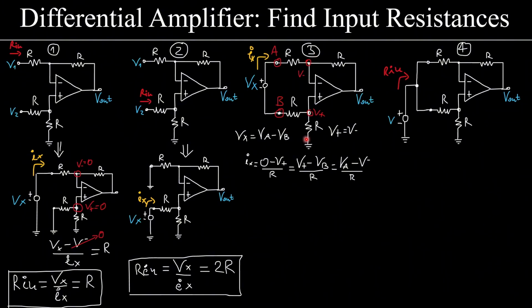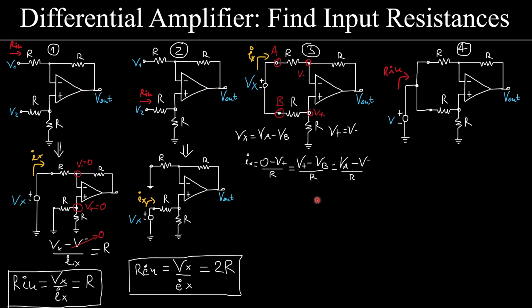I can take Ohm's law now for all resistances. So Ix must be 0 minus Vx, minus V plus, over R, which must be equal, because the current is the same, to V plus minus Vb over R, this resistance, which must be equal to Va minus V minus over R. Again, because this current is the same.